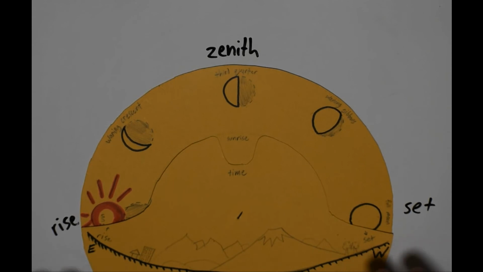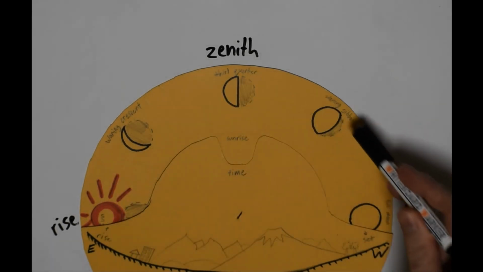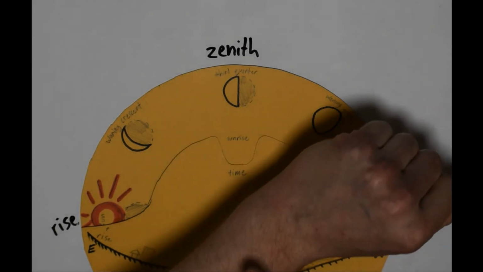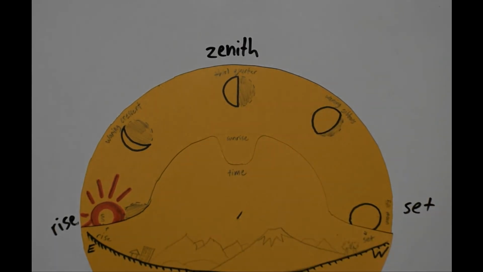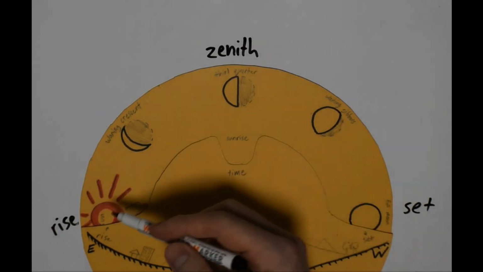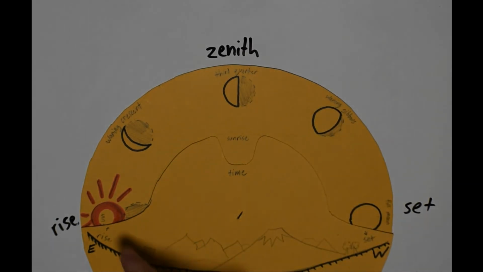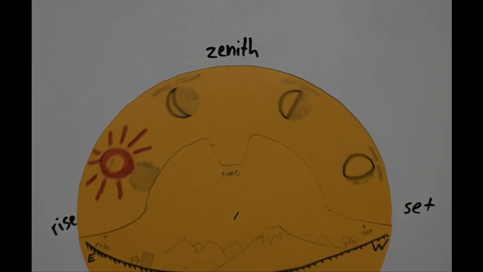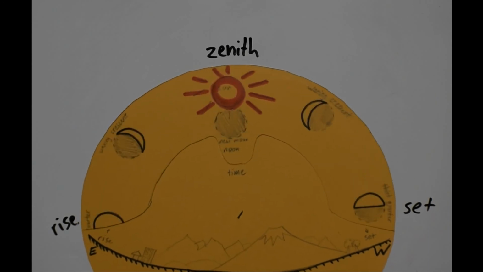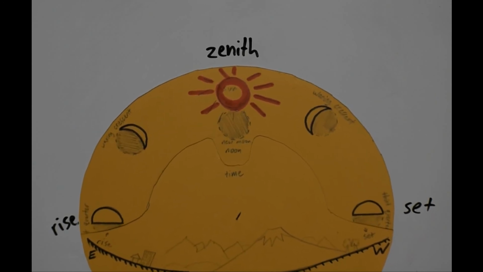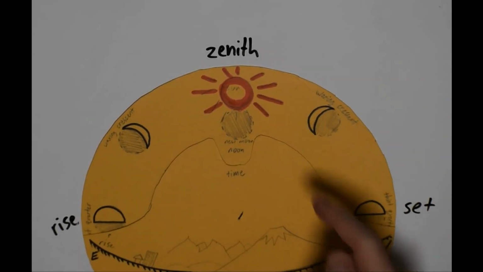Okay, so how do we use this moon position diagram? It's important to remember: from sunrise to sunset, how many hours is it? Well, the answer is 12. So that means from rise to zenith, for example from sunrise to noon, how many hours pass?